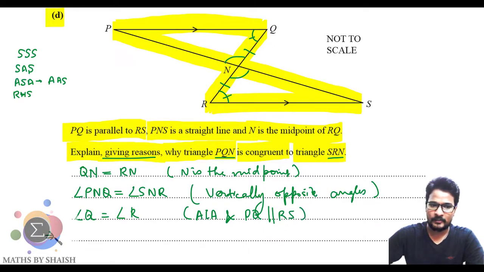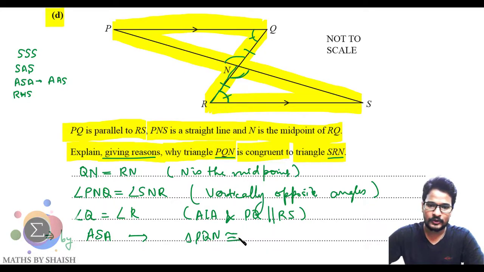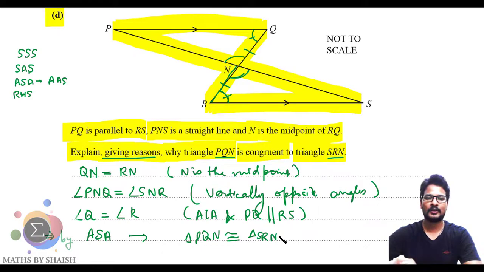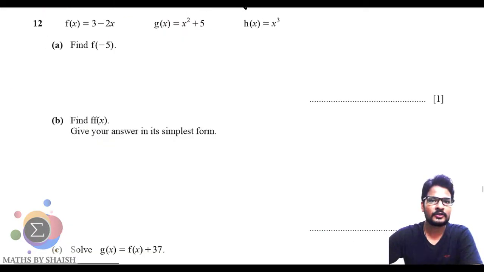And that's why we have two angles and one side, but here it is angle, side, and then another angle. So it is angle, side, angle. Congruency rule, we have triangle PQN is congruent to triangle SRN. I hope it's clear.